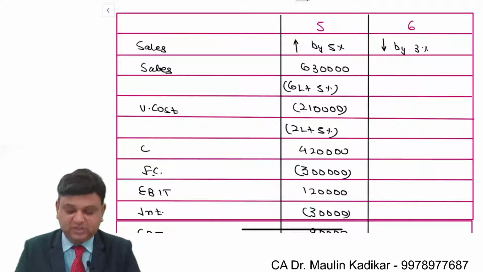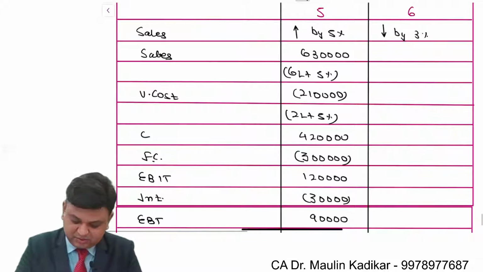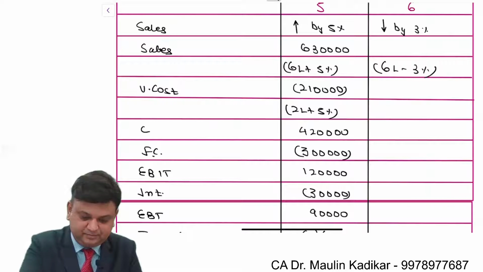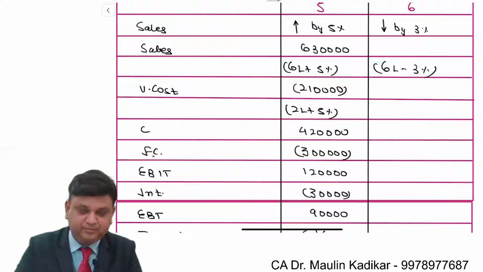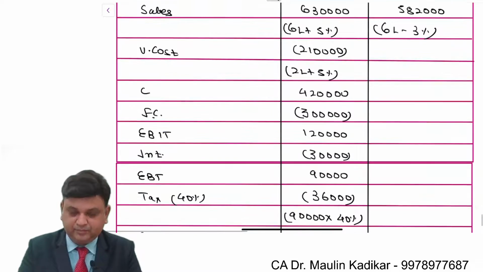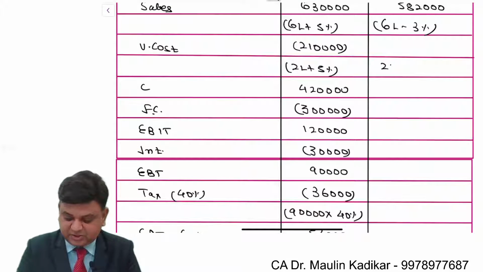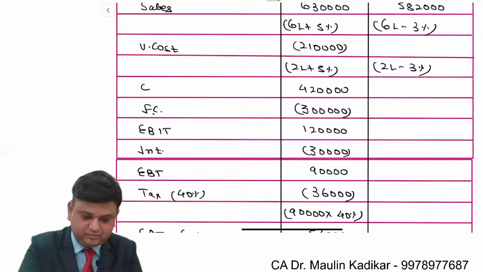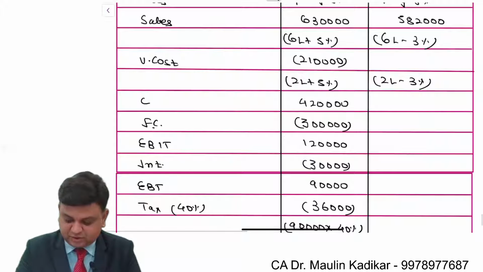Now sales reduces by 3%. So here, 6 lakhs minus 3% comes to 5,82,000. Then 2 lakhs minus 3% is 1,94,000.